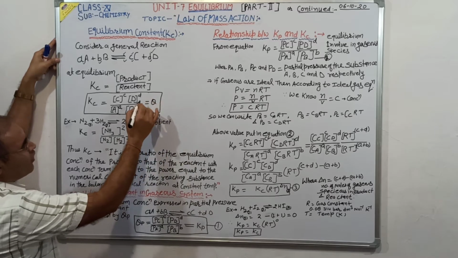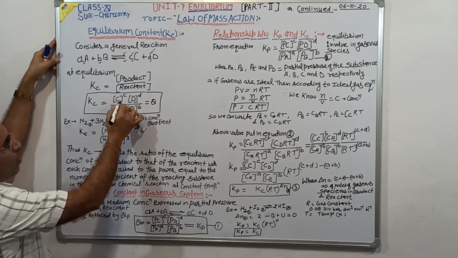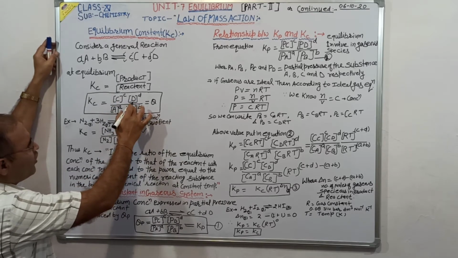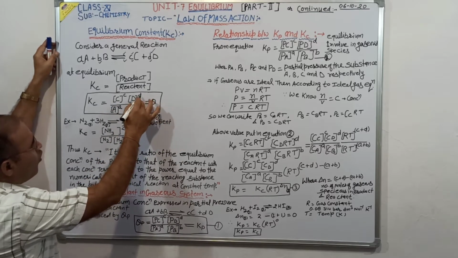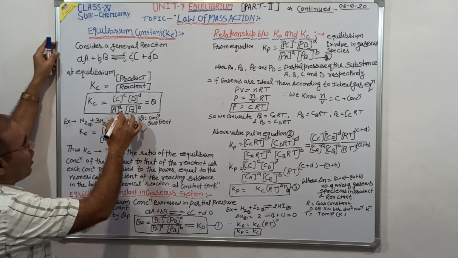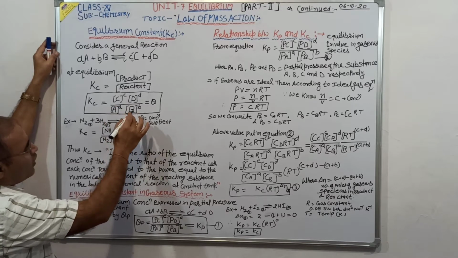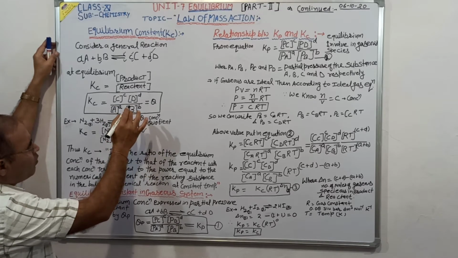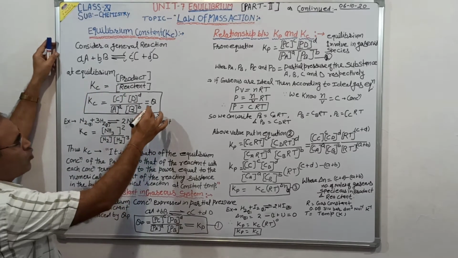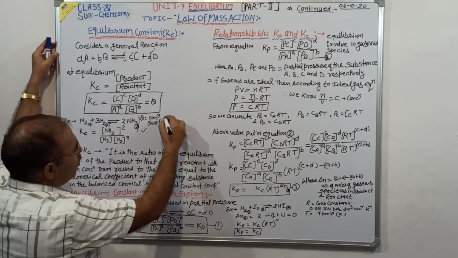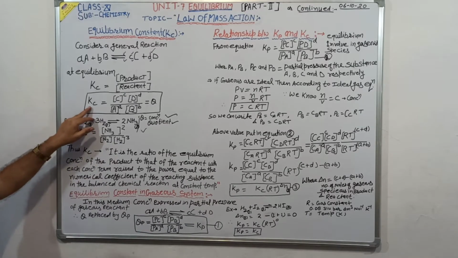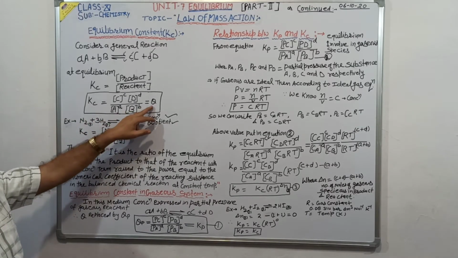Q is the molar concentration of C raised to the power c and the molar concentration of D raised to the power d, upon the molar concentration of A raised to the power a and the molar concentration of B raised to the power b. This is called the concentration quotient. So Kc is equal to Q.